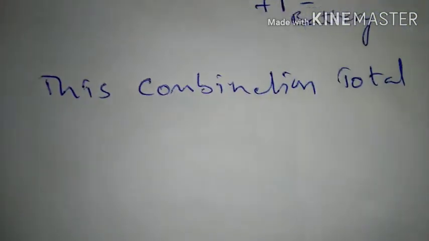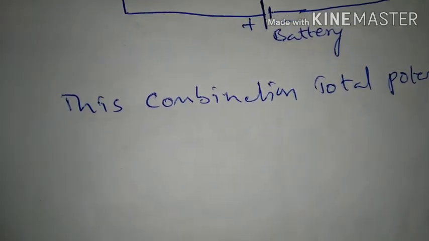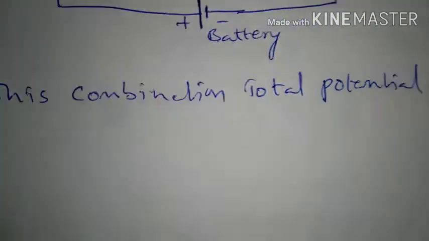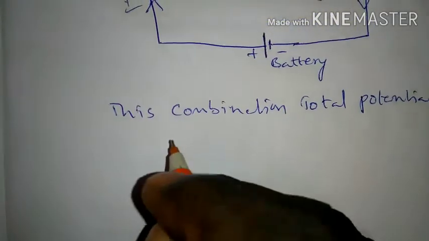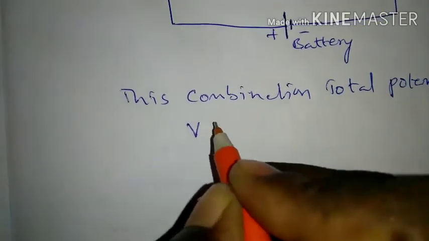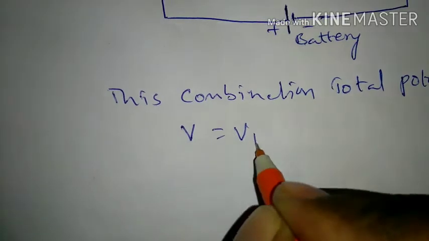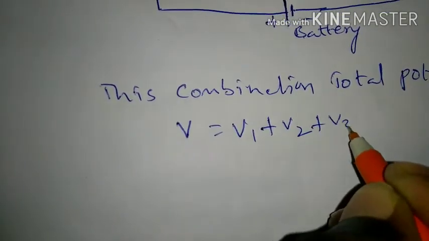In this combination, the total potential difference V is equal to V1 plus V2 plus V3.